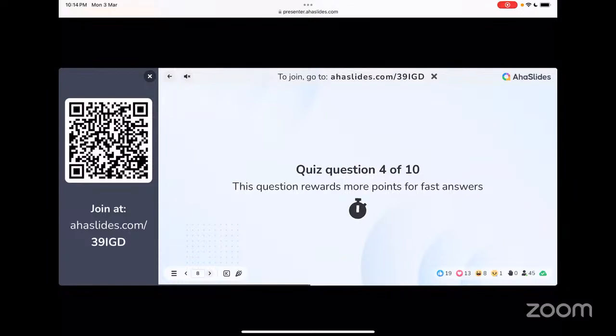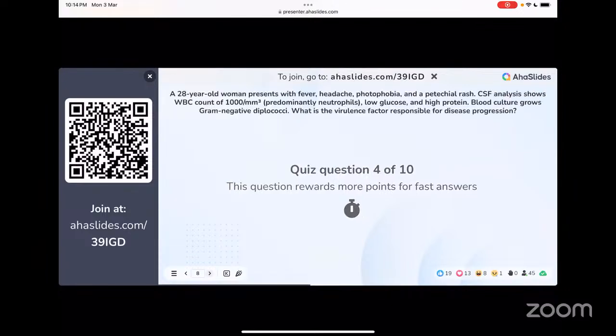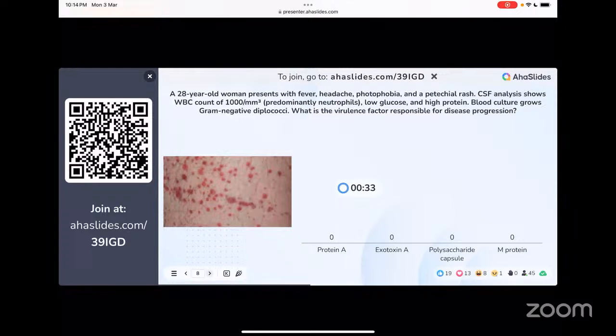Moving on to your fourth question. A 28-year-old woman presents with fever, headache, photophobia, and petechial rash. CSF analysis shows a WBC count of 1,000, predominantly neutrophils, low glucose and high protein. Blood culture grows gram-negative diplococci.